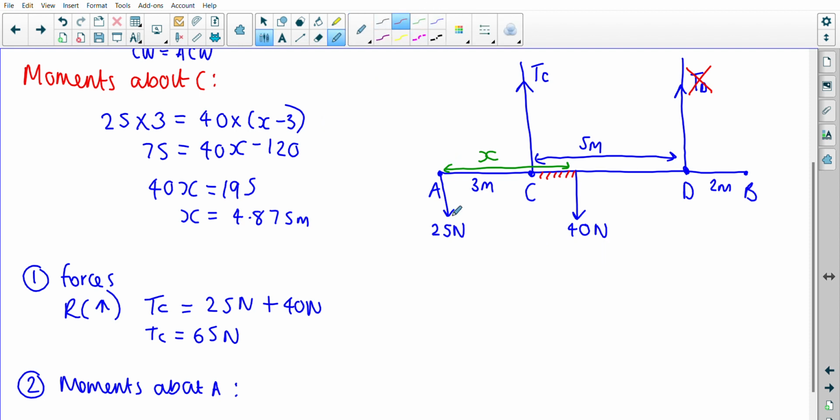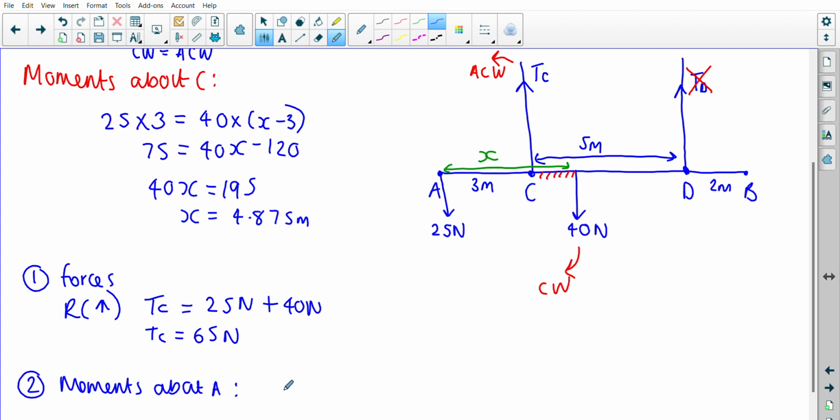This force of 25 newtons is not going to cause a moment. There's no perpendicular distance, so I'm ignoring that. This will cause an anti-clockwise moment, and then this one will cause a clockwise moment like before.